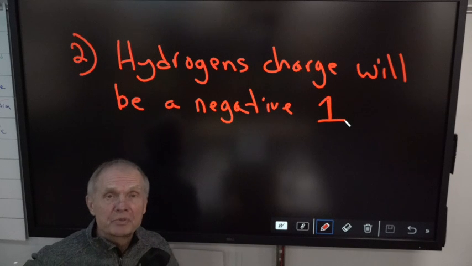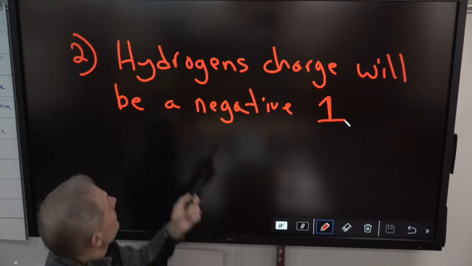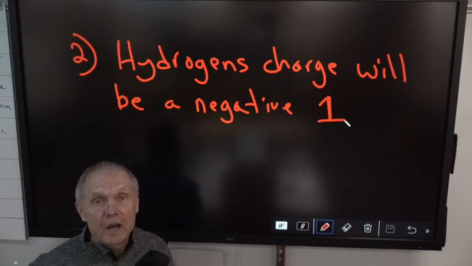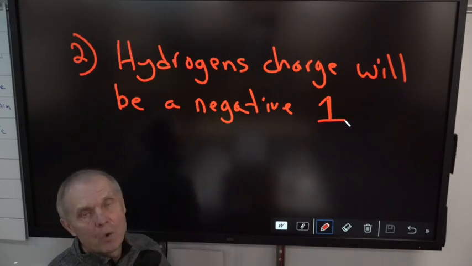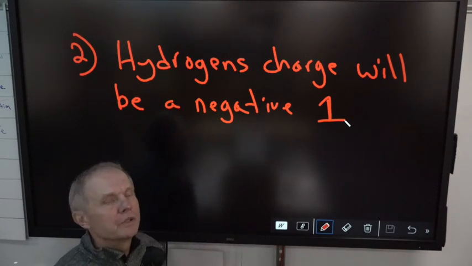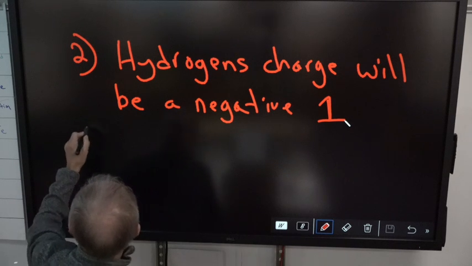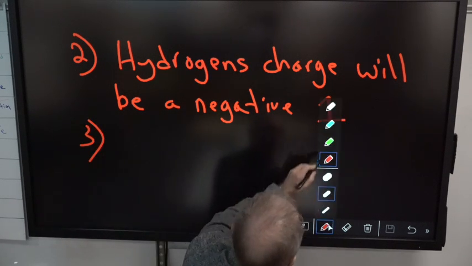The charge or the oxidation state of hydrogen must be a -1. And I'm just going to give you 2 examples. So number 3, here are your 2 examples.